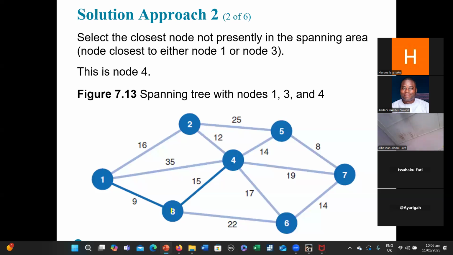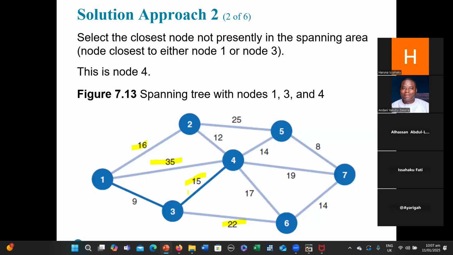So here, what node is closest to the spanning area? That is 1, 3. You see that the nodes that are close to the spanning area are 1 to 2, which is 16, 1 to 4, which is 35, 3 to 4, which is 15, and then 3 to 6, which is 22.